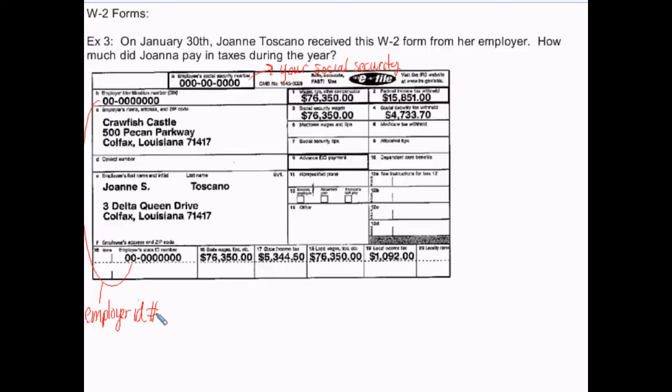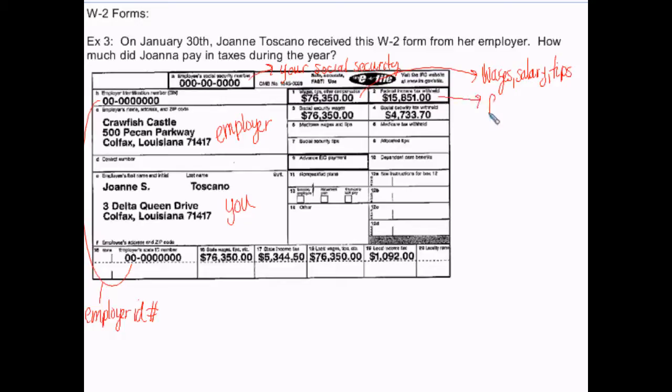It will have your employer information, and then your information. That's why I'm labeling everything. This is your wages, salary, tips.